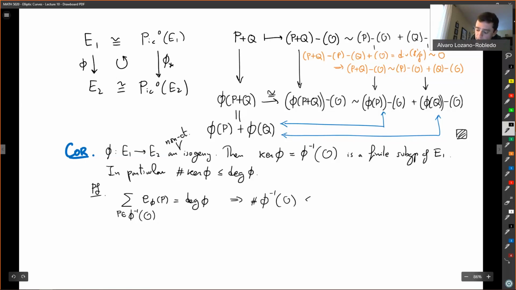So in all cases, this is less than or equal to the degree. If it was more than the degree, that formula wouldn't work.